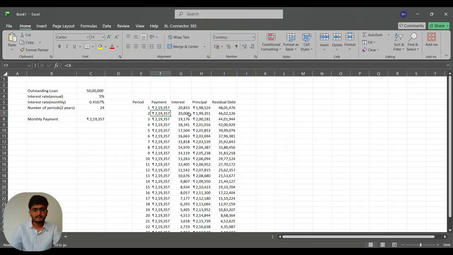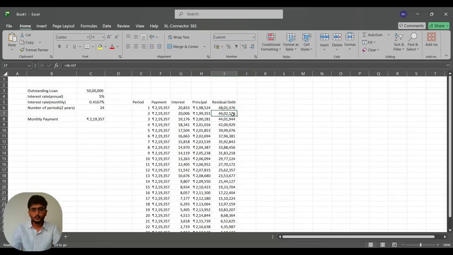When we subtract the 20,006 interest from 2,19,357, we get a principal amount of 1,99,351 rupees. Then 48,01,476 minus 1,99,351 gives the remaining loan amount of 46,02,126.